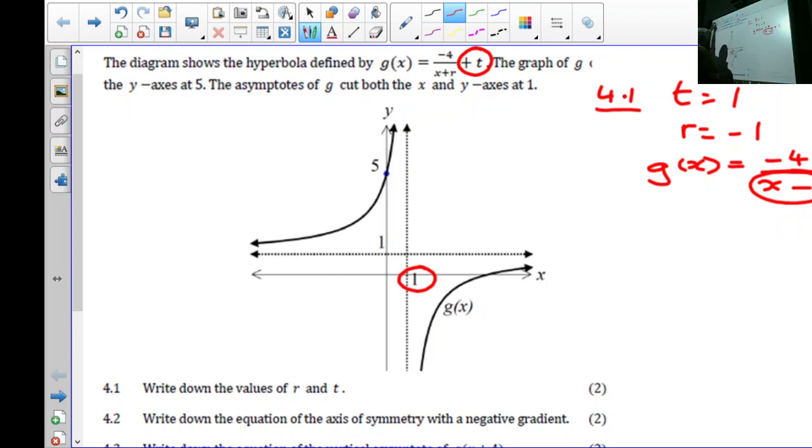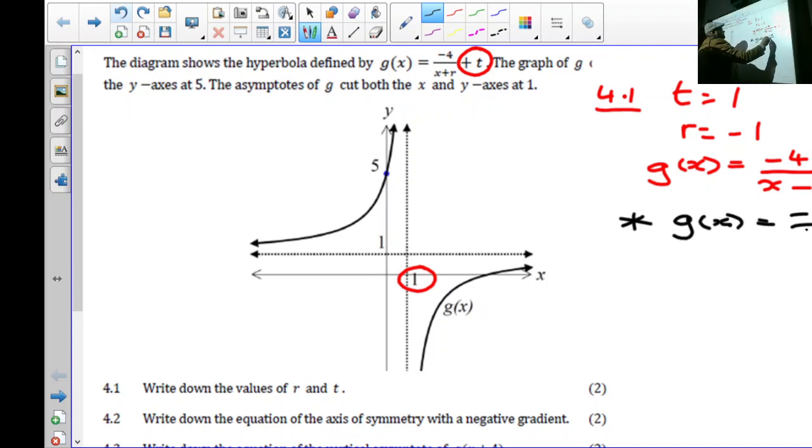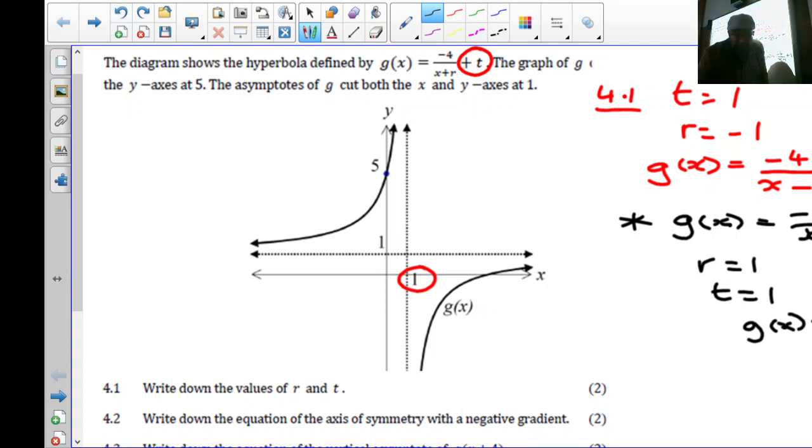Remember, sometimes they give you the formula in this form. If the formula is given in the form of g of x equals negative 4 over x minus r, plus t, then r is equal to 1 and t is equal to 1. Why? Because if I substitute it back, g of x is equal to negative 4 over x minus 1, plus 1. Let me just pause here quickly.